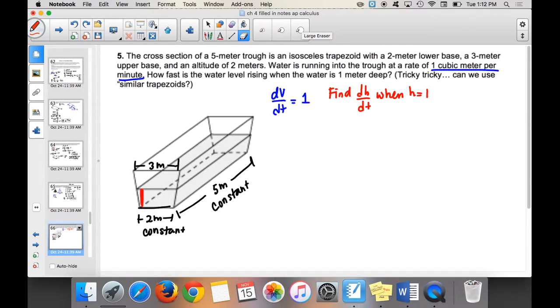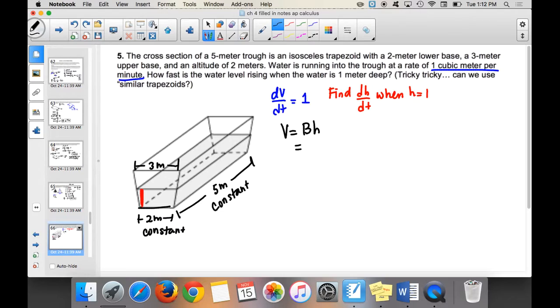All right, so my volume formula is the area of the base times the height. The base of this are these two parallel bases, which are trapezoids. So when we do the area of the base times the height, my area of my base is a trapezoid. So it's 1/2 h times (b1 plus b2).